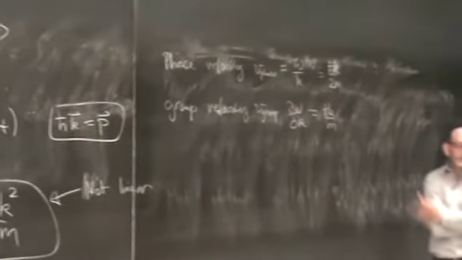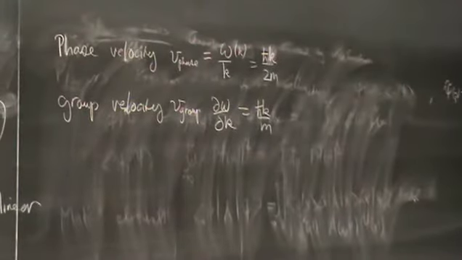Which means that waves of different wavelengths move at different phase velocities, which means the wave disperses. That's why it's called a dispersion relation.